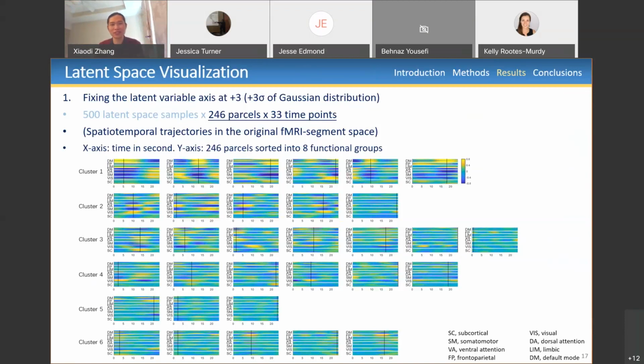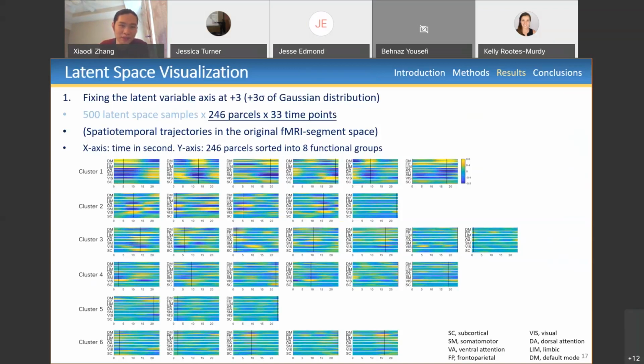I guess this figure just shows you what kind of spatial temporal trajectories would produce the maximum amount of activation for a particular latent variable. Each figure represents a single latent variable, and in total you have 32 latent variables.